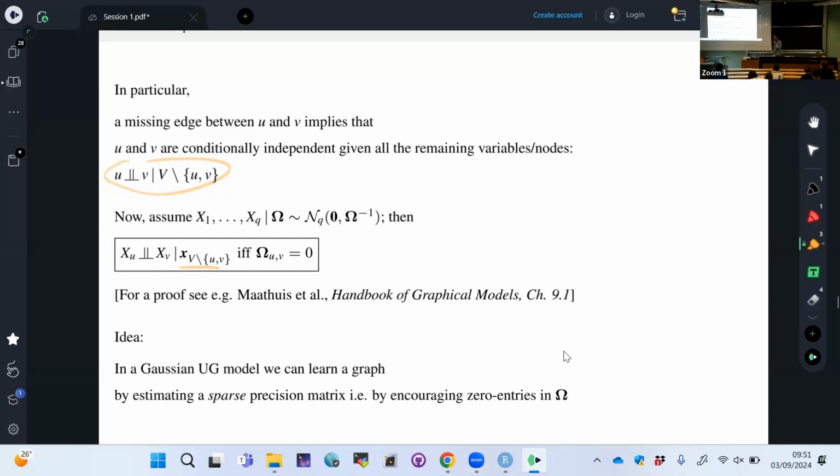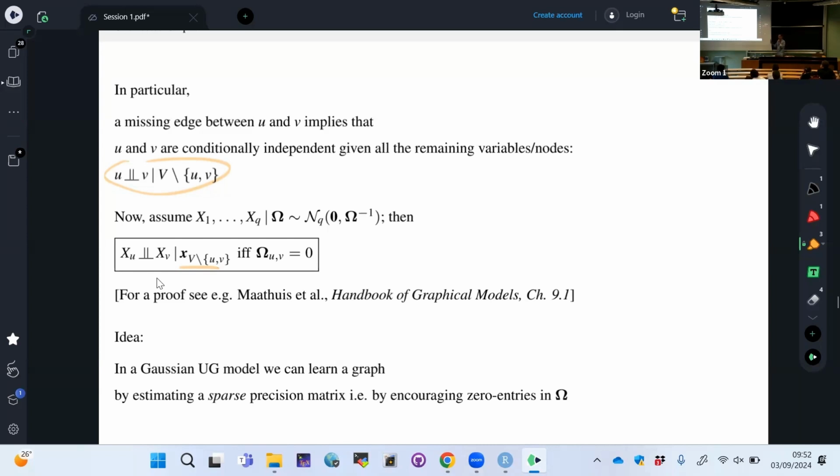So the important thing for our purposes is that in a Gaussian graphical model, 0 entries in the precision matrix correspond to conditional independencies of this form: two nodes being independent given all the remaining ones, which is exactly the kind of conditional independence that we can read using separation in the Markov property of an undirected graph.